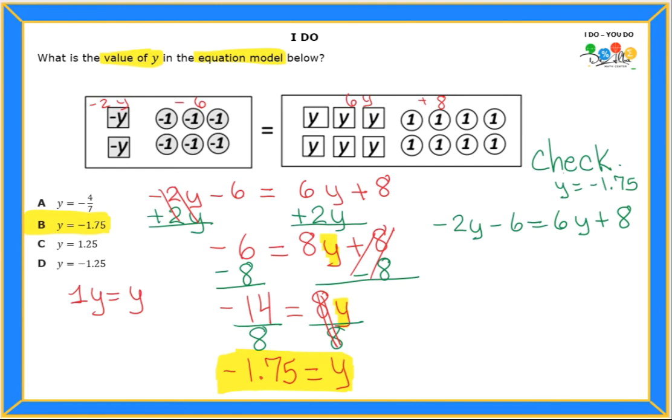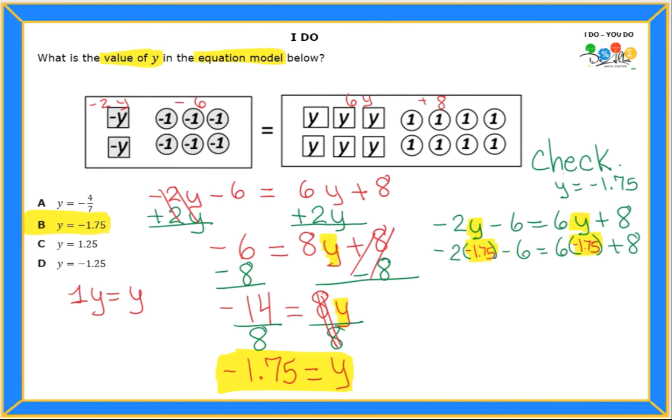And I'm going to rewrite it again, but I am going to write down parentheses where the y is, because the y will be replaced with negative 1.75 on both sides. Okay? So notice how here the y, and I wrote down what it is that I found the y equals to.